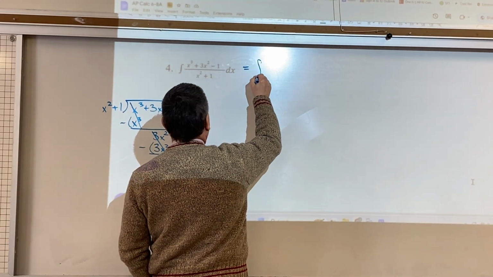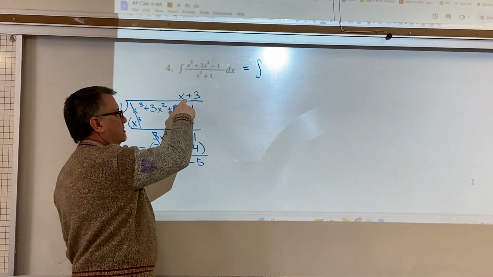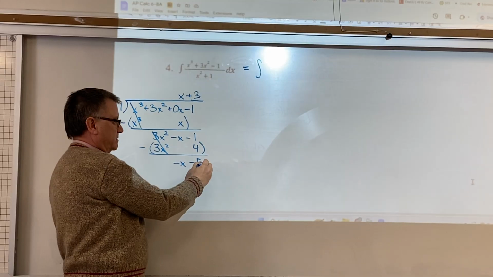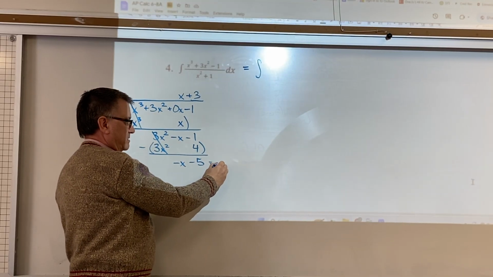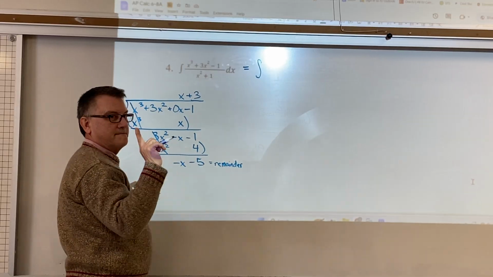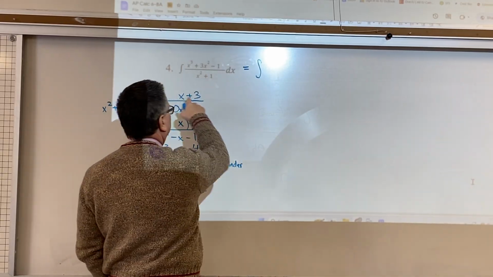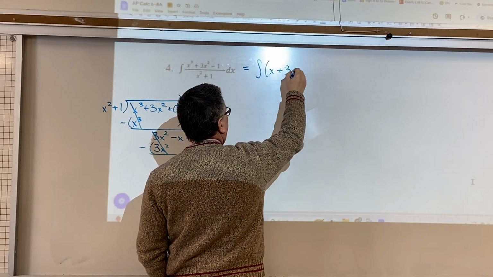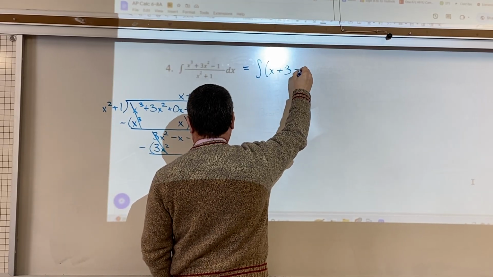This equals the integral of this answer. Oh, there's a remainder. Right, there's a remainder. I did get the integral of x plus 3, and there is a remainder.